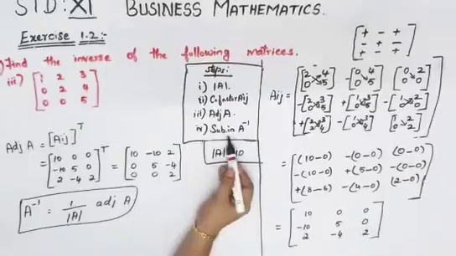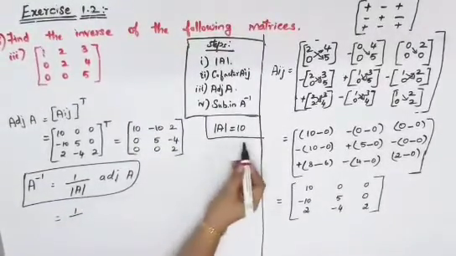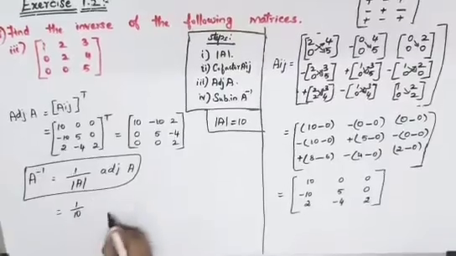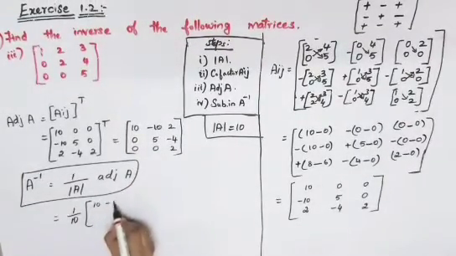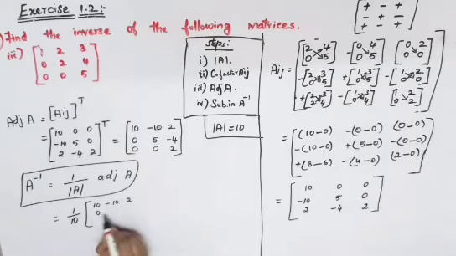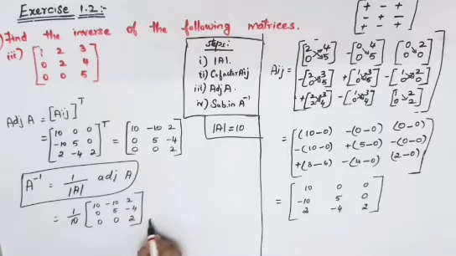So A inverse is equal to 1 by determinant of A, we have got 10 before, then in your adjoint of A it is 10 minus 10 2, 0 5 minus 4, 0 0 2. So this is your A inverse. With this your third question, third subdivision is done.